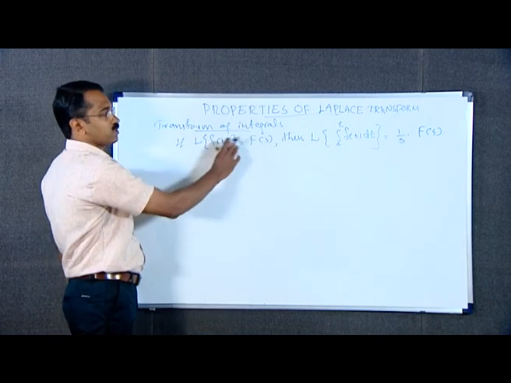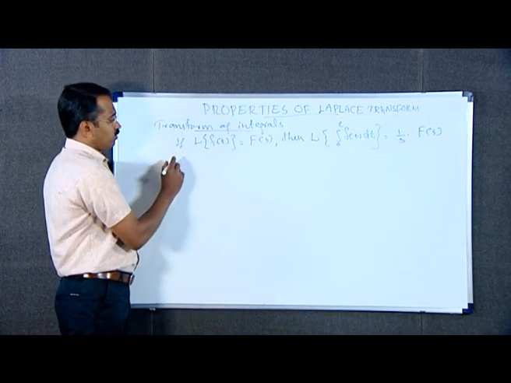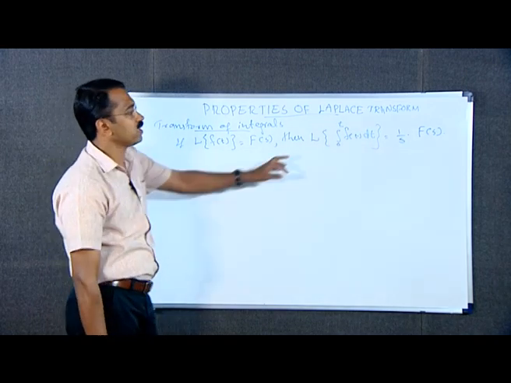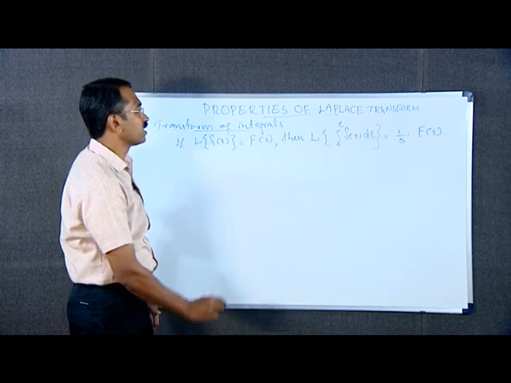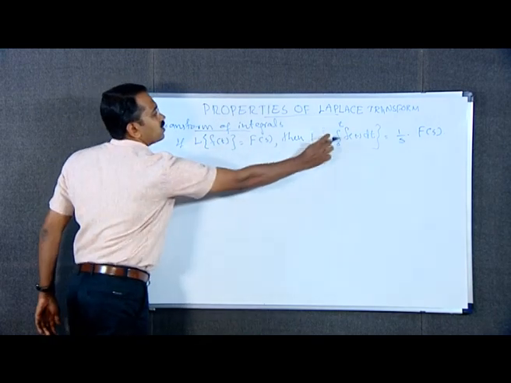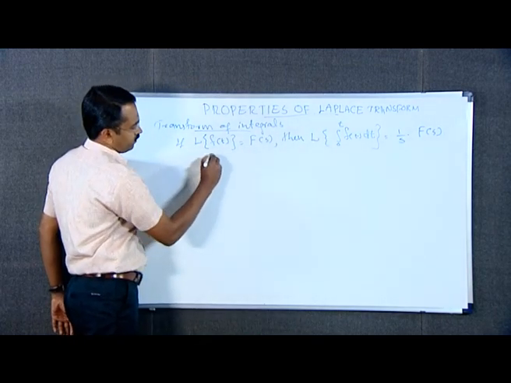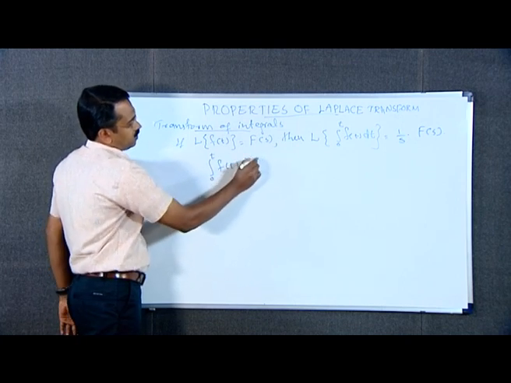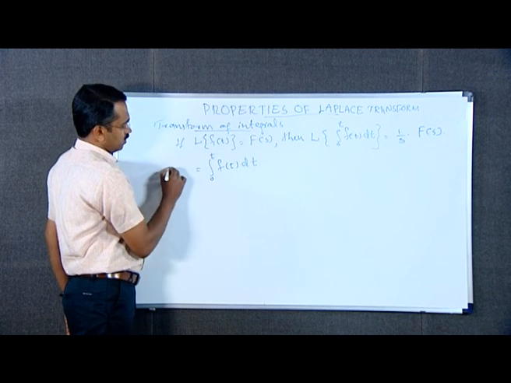We can prove this property. We have the definition of Laplace transform. Consider this integral, that is, the integral from 0 to t of f(t) dt. We name this as phi of t.